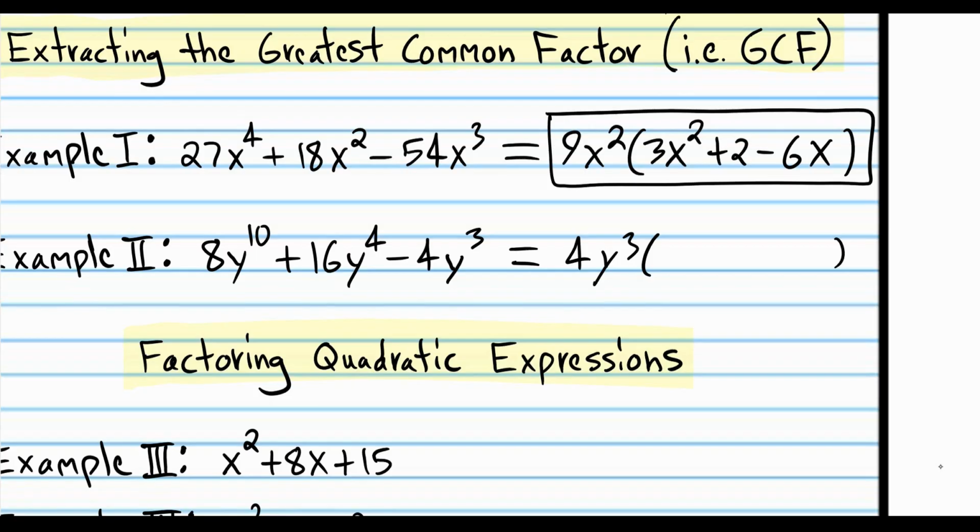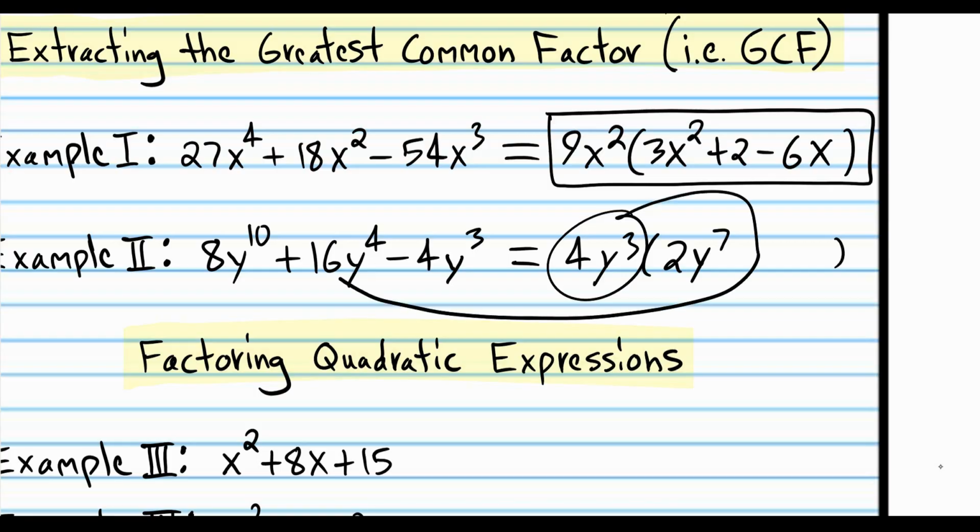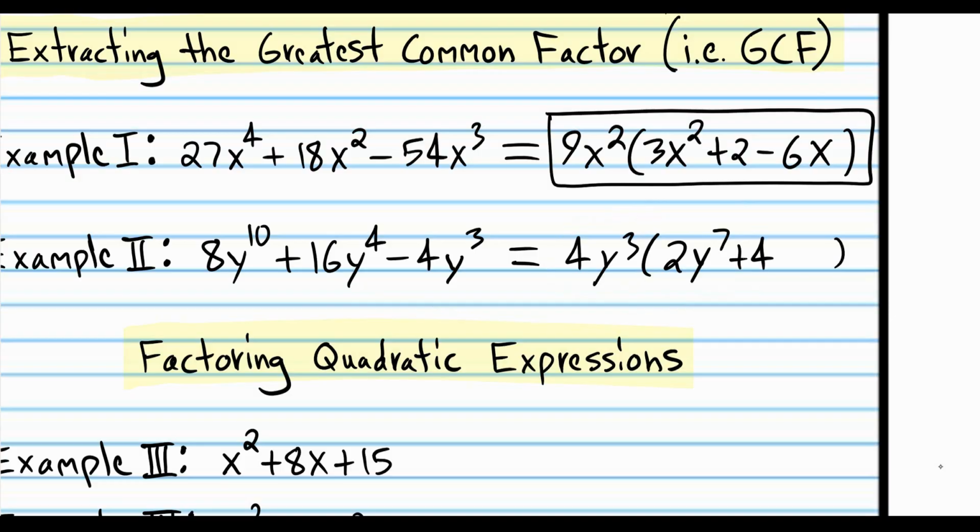And so now we ask 4y cubed times what is equal to 8y to the 10th? And that is 2y to the 7th. 4y cubed times what is equal to 16y to the 4th? And that is 4y.